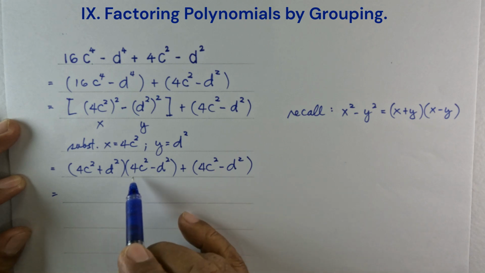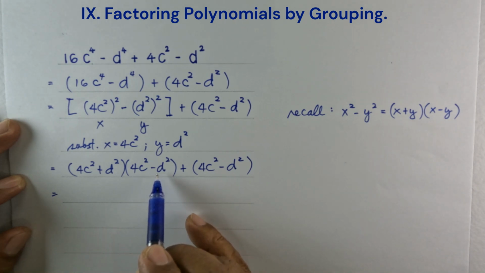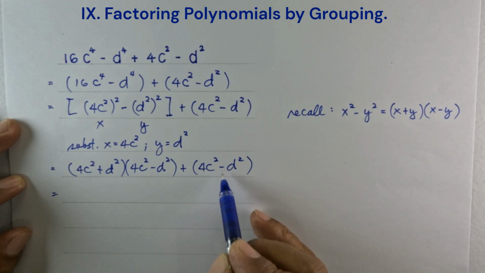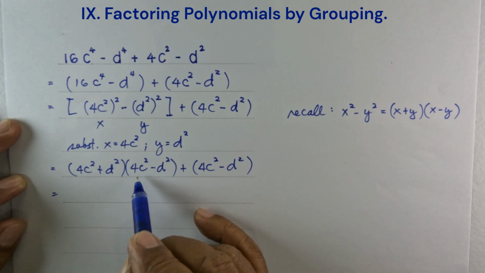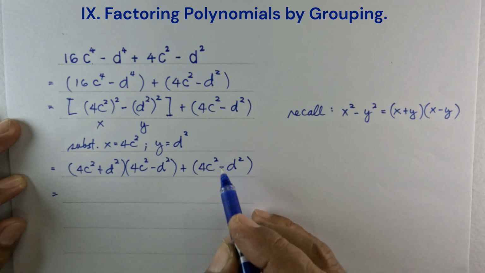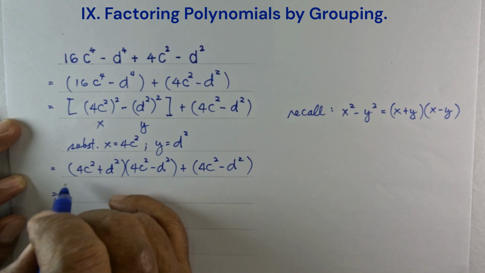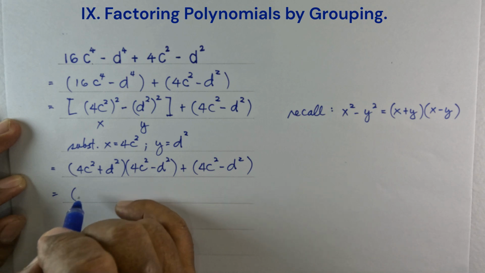Now take note of this. We have here 4c squared minus d squared, 4c squared minus d squared. So they are common in the binomial, 4c squared minus d squared. So let's factor that out.